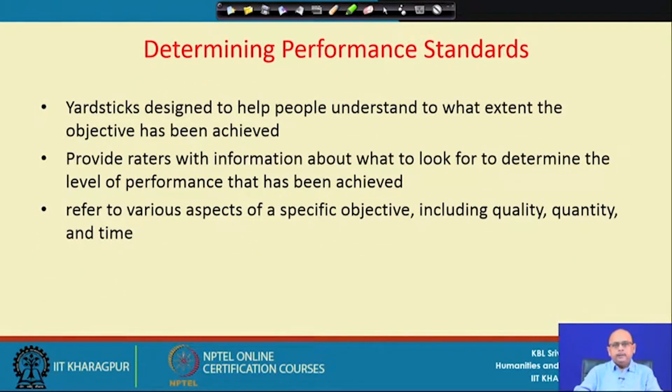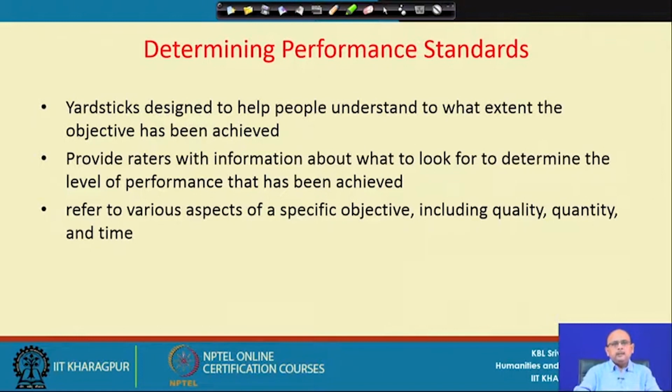Coming to the third point, determining performance standards. Performance standards are the criteria against which the performance is to be evaluated, right. For example, the sales figure shows that he is able to sell 50 units, but the standard is say 100 units.